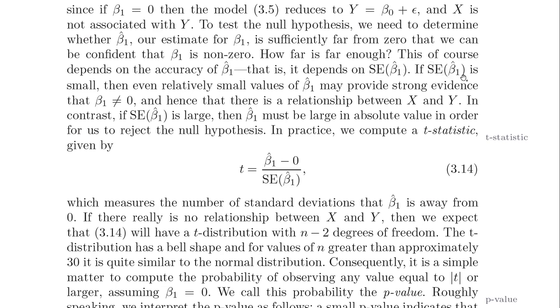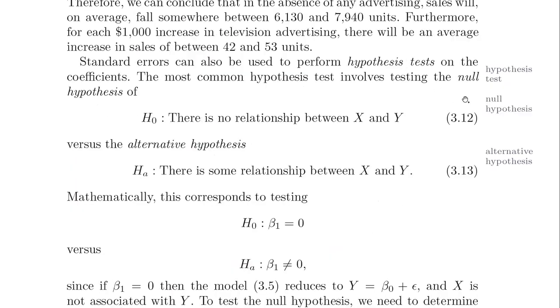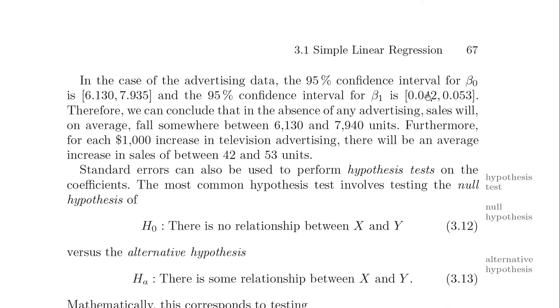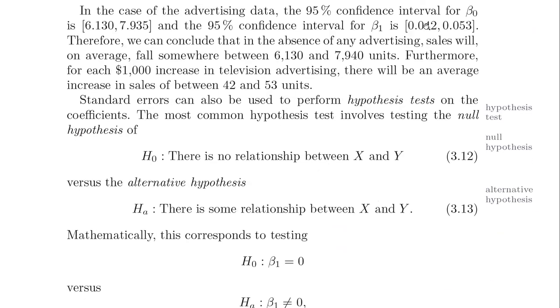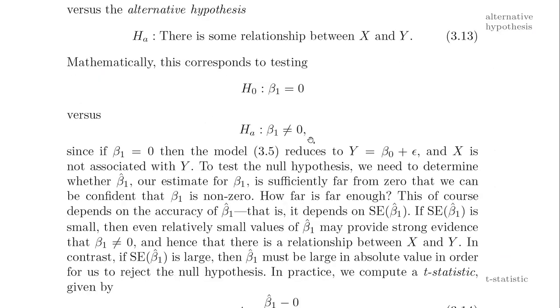If the standard error of beta 1 hat is small, then even relatively small values of beta 1 hat may provide strong evidence that beta 1 is not 0, and hence there is a relationship. So for example, look at this. I guess our lower bound is sort of close to 0, whatever close to 0 means. But the narrower this interval is, the more certainty you have that 0 does not lie within this interval.